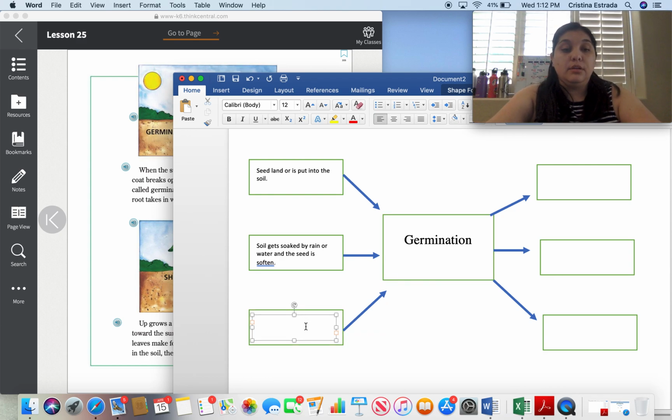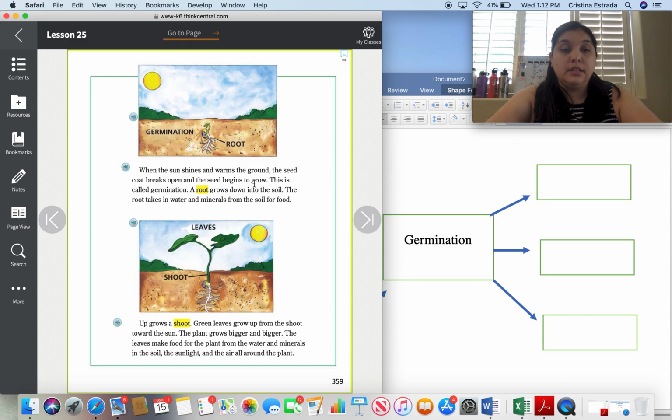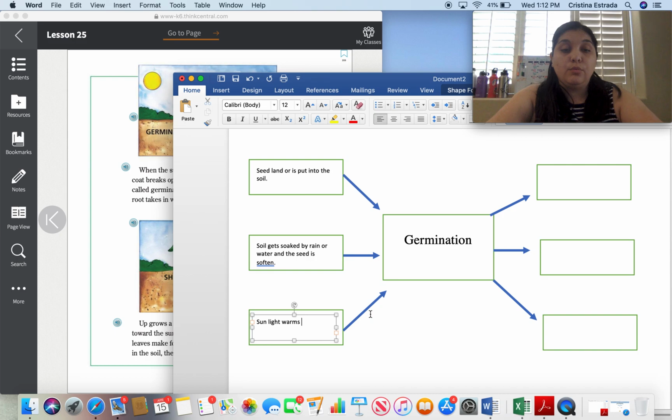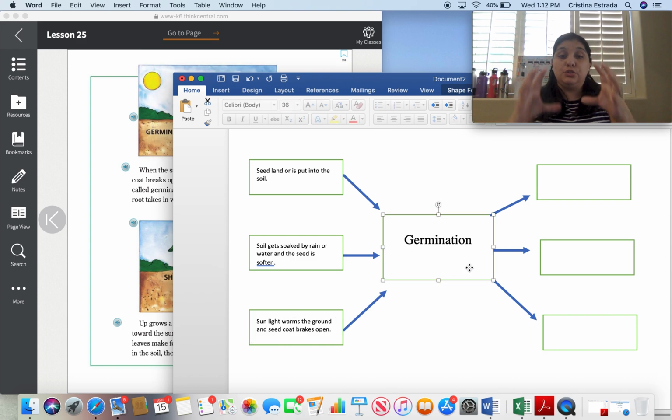So sunlight warms the ground, and seed coat breaks open. And those things cause the effect of germination to happen.